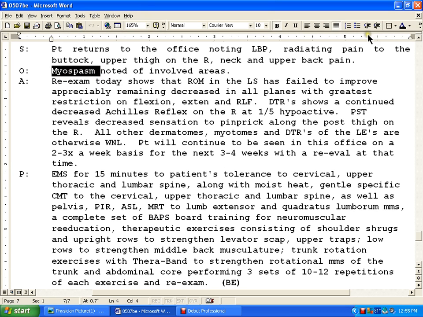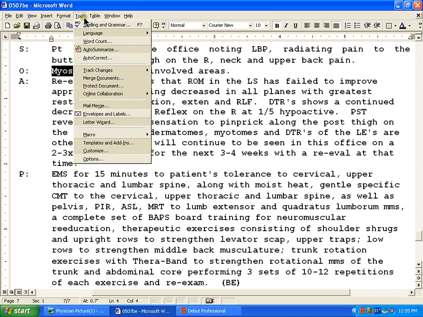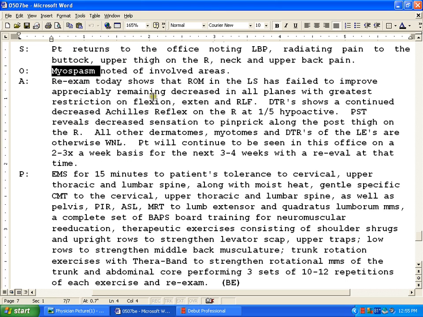I don't know where your highlight is. Even if it's black and white, it's okay, as long as we can see it's been highlighted. Okay, right now, ROM.